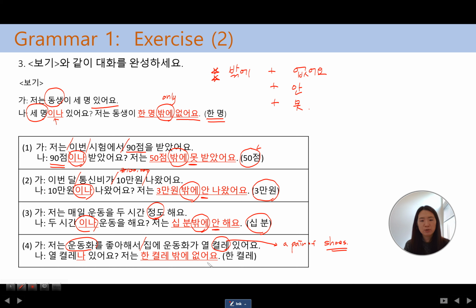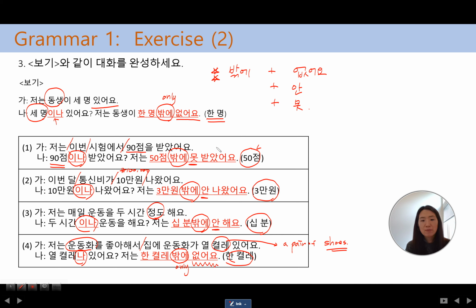I have 10 pairs of sneakers at home. Wow, it's a lot more than expected, right? So 10켤레나 있어요? Do you have 10 pairs of shoes? I only have one. 저는 한 켤레밖에 없어요.